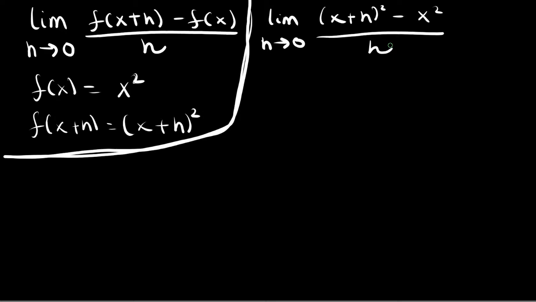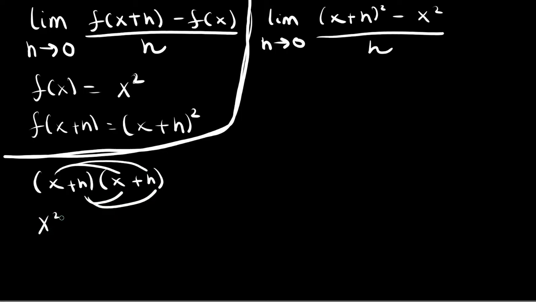So the first thing we have to do is expand x plus h squared. x plus h squared is nothing but x plus h multiplied by x plus h. And if we use FOIL, we multiply this, and then multiply that, right?